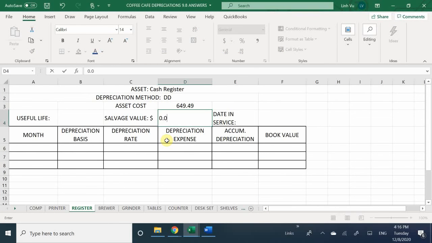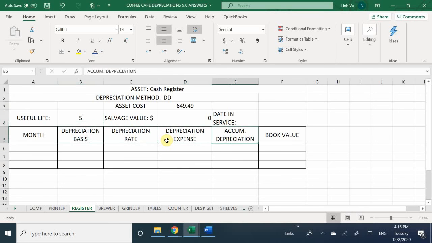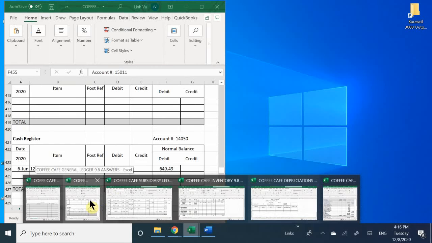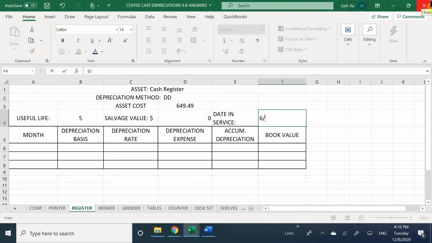No salvage value and 5 years. When did we purchase this register? June 6th. Of course, we need to test the register to make sure it can print its receipts and whatnot.